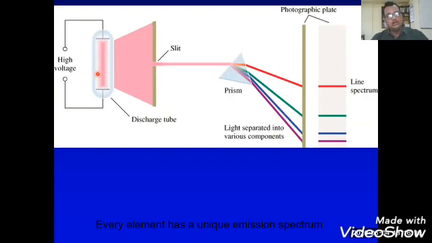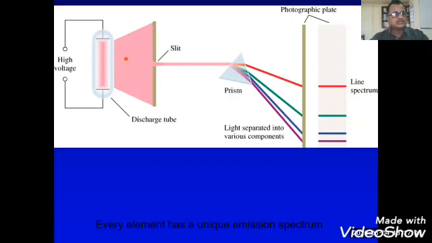But once you apply a very high voltage in a discharge tube, the electron will get excited. That means the electron, which is in the first orbit in the ground state, will jump up to a higher orbit and undergo an excitation process.